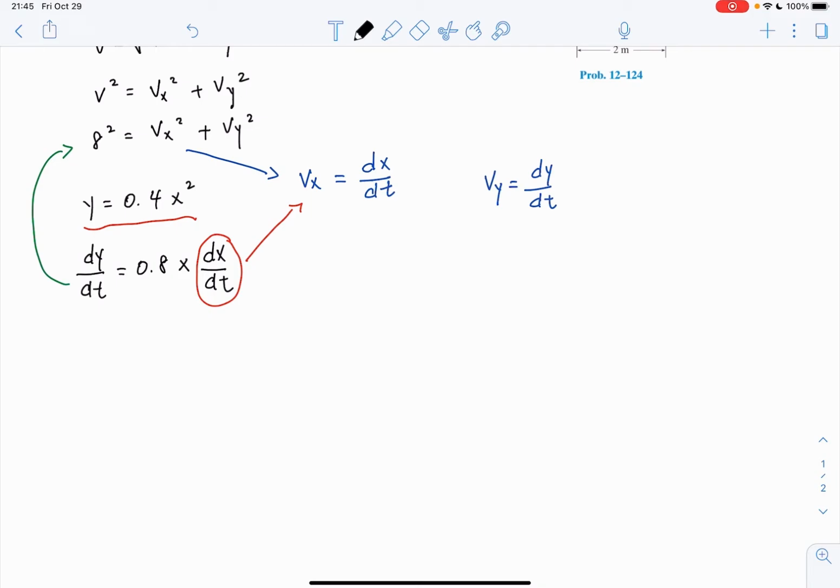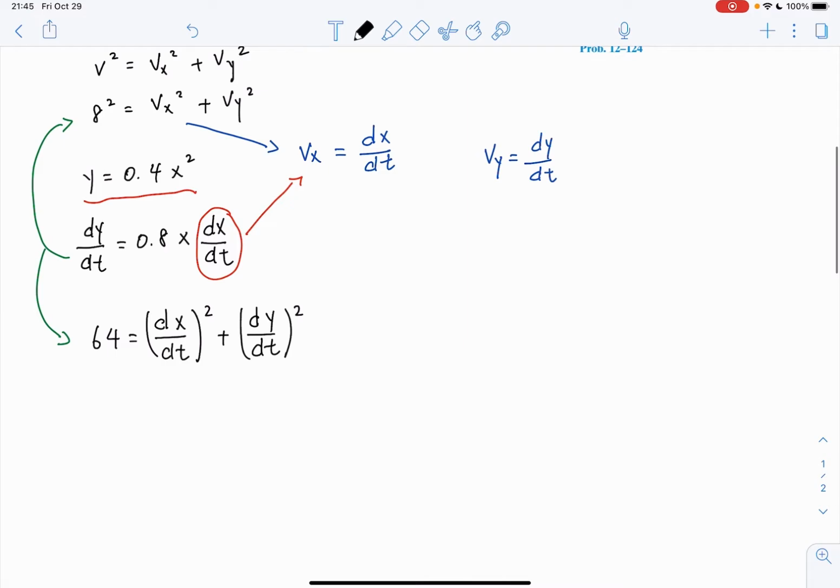So now we have v squared, which is 64, equal to dx over dt squared plus dy over dt squared.